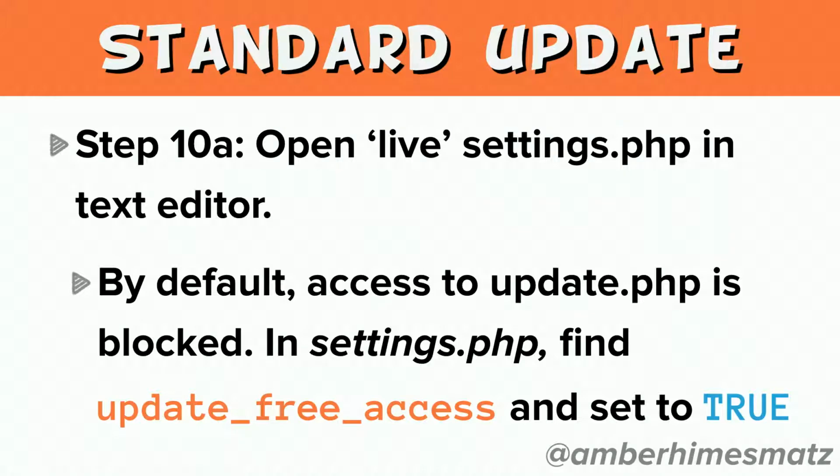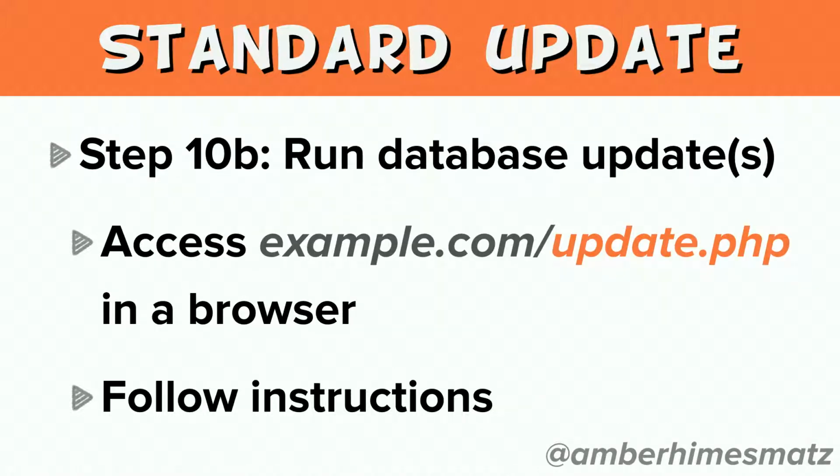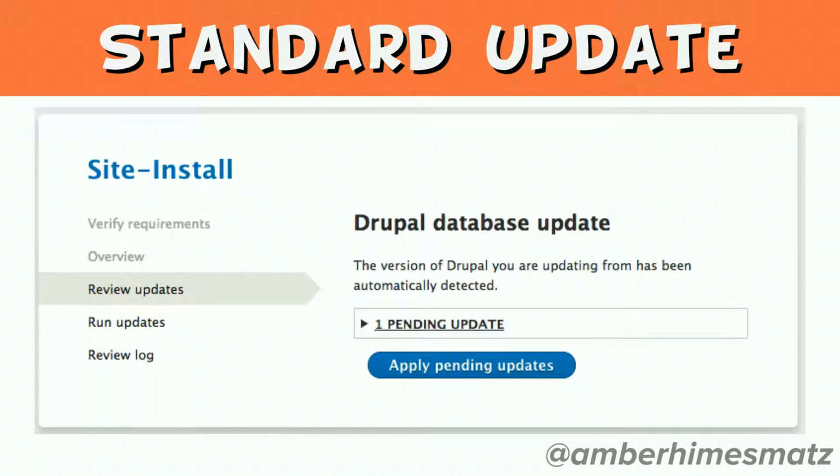Know how to at least open a text file on a server, edit it and save it, and not go crazy. Just understand how to do that, because you are going to want to find that in your live settings.php and change this to true, and then access update.php in a browser and follow the instructions.